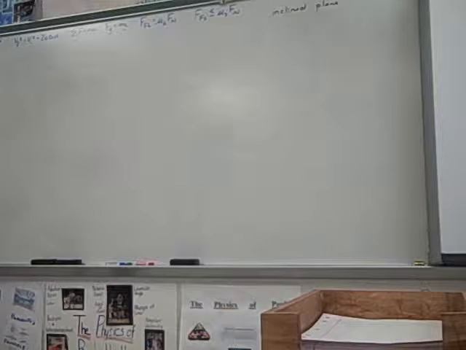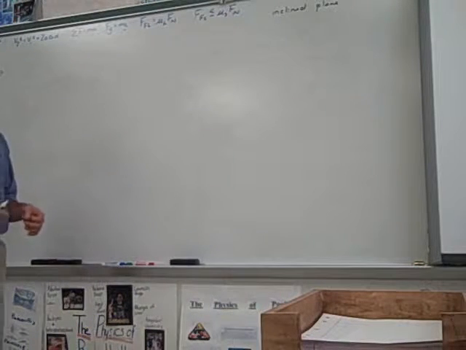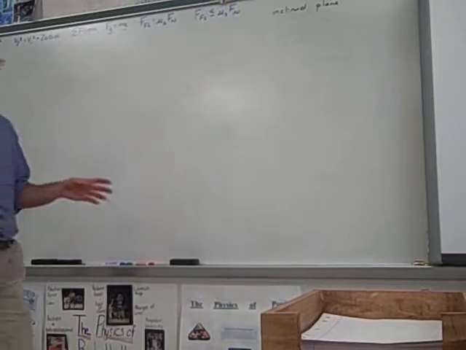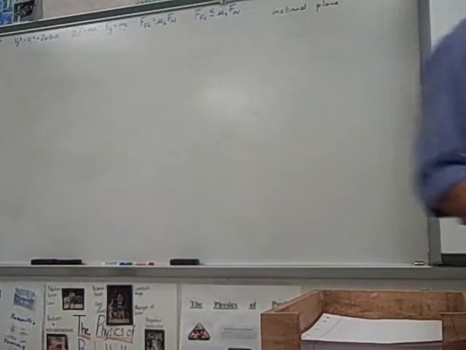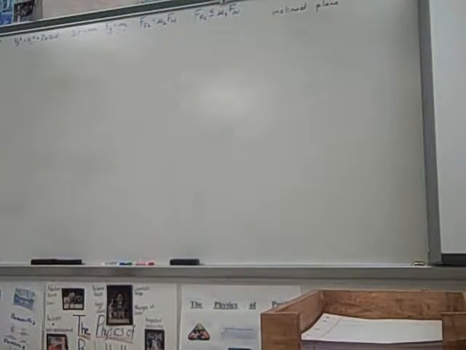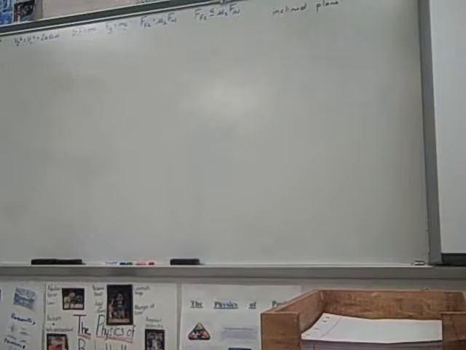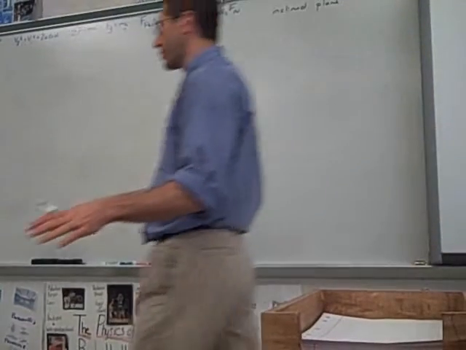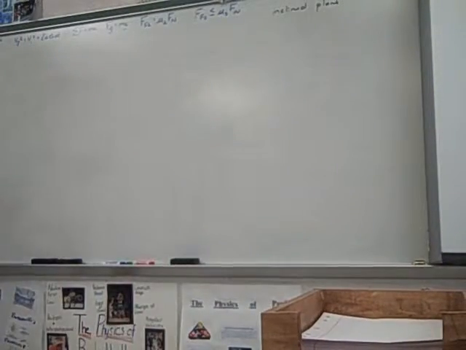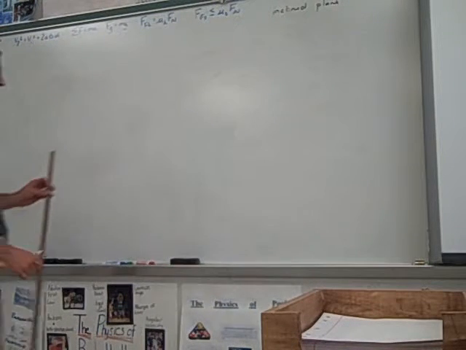So instead of having an object on a flat surface, let's do this. We'll set it up this way. So there, we have our box on the inclined plane. It's at equilibrium, and my goal is to draw a free body diagram for the box on the inclined plane at equilibrium.